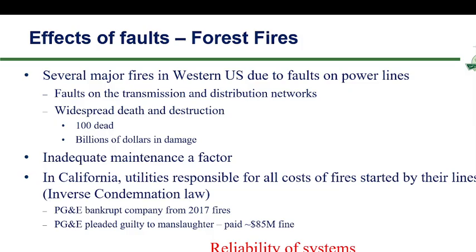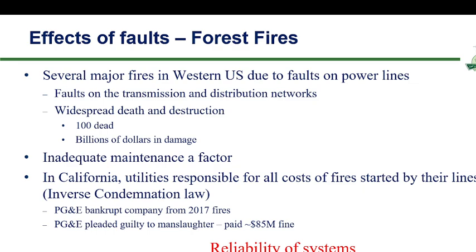For example, in California, the legal framework of inverse condemnation holds utilities financially responsible for damages caused by their equipment, regardless of fault. A notable example is Pacific Gas and Electric Company, which faced massive liabilities from the 2017 fires, leading to disruptions.